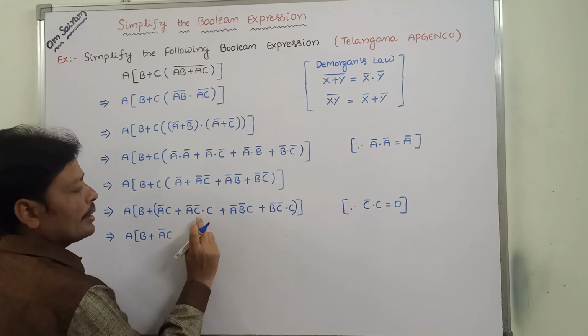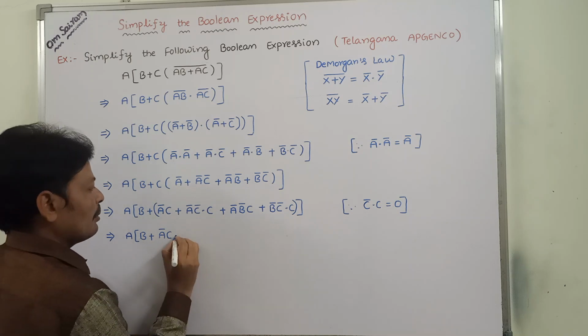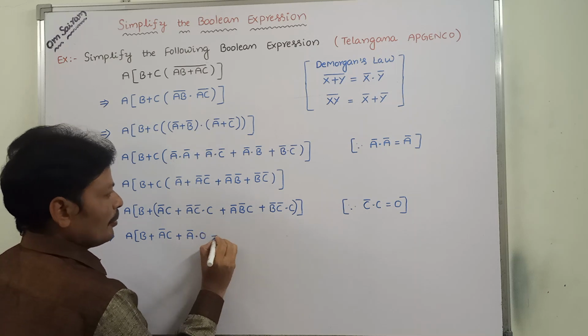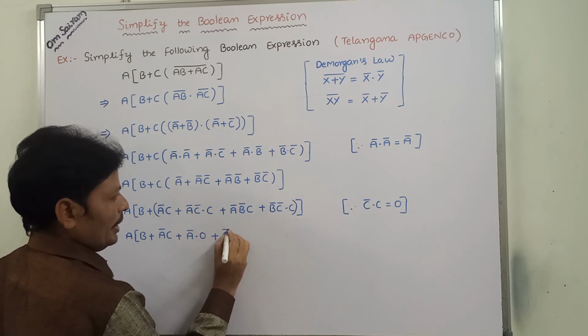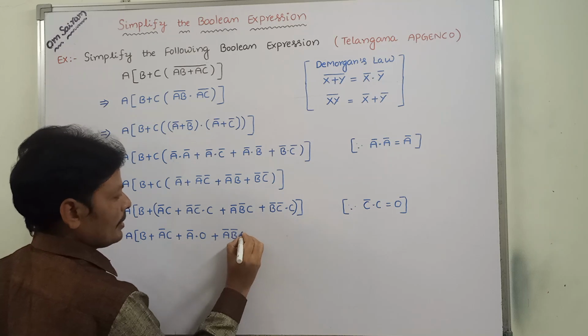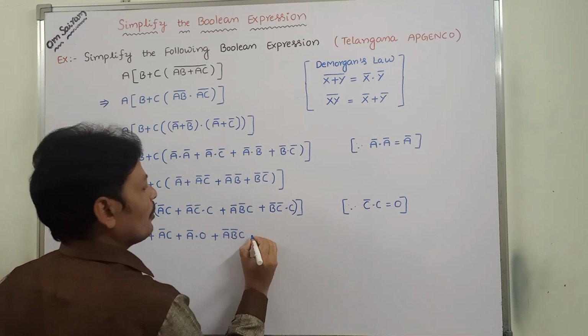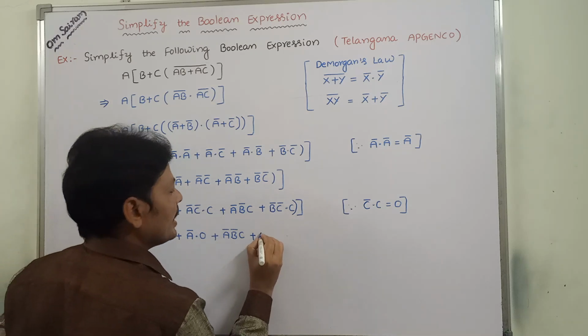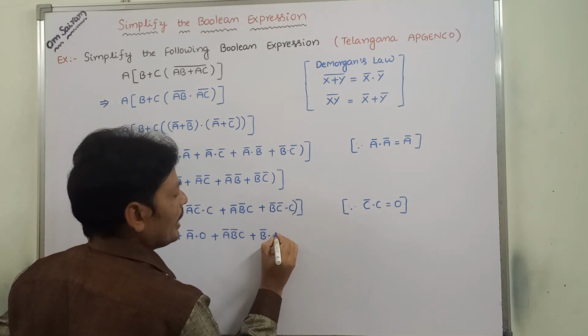Here C bar into C equal to 0. That means A bar into 0, plus A bar B bar C, plus here C bar into C equal to 0, so then it becomes B bar into 0.